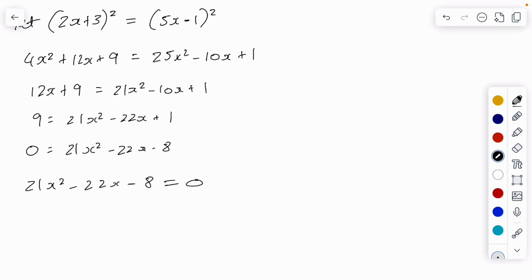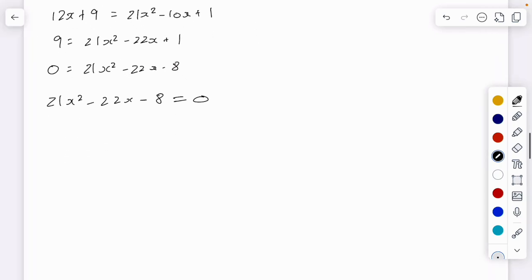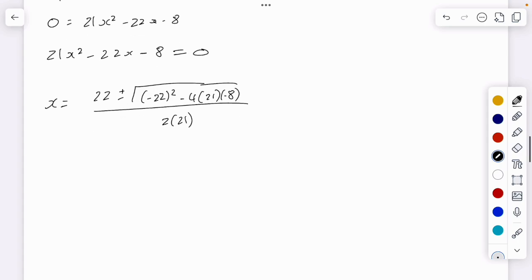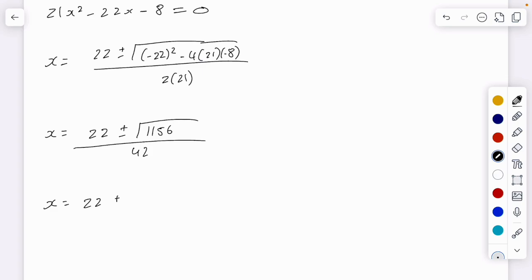So if we go here, x is going to equal 22 plus minus the root of minus 22 squared minus 4 times 21 times minus 8, sorry, that should be minus 8, over 2 times 21, which gives us 22 plus minus the root of 1156 over 42, which is going to give us 34 over 42.